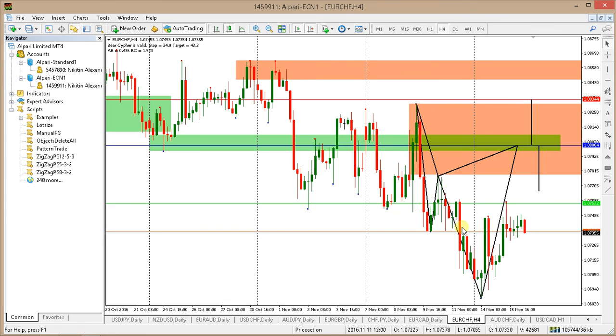The accuracy of the cipher pattern is about 70%, but if you combine with support and resistance, you will have even better accuracy. Or you can have even extended targets, having the same accuracy but with extended targets to 618 or 786 of C to D, because it coincides with the higher time frame analysis.